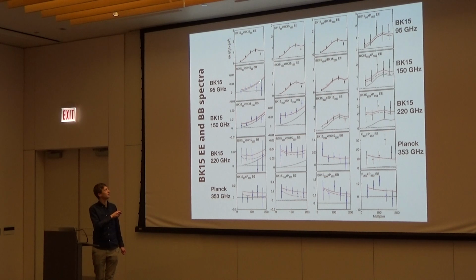And so what you can see is that even at 95 gigahertz, where you have the smallest dust foreground, that's a noticeable contribution here. As you go to high frequencies, you become increasingly dust dominated.